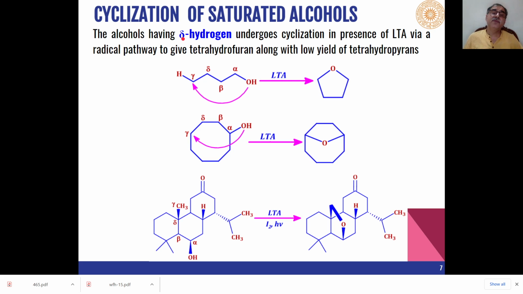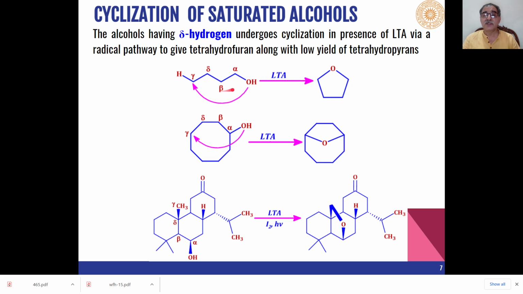Then if we have saturated alcohols which have a gamma hydrogen present in the molecule, those types of saturated alcohols will undergo cyclization in the presence of lead tetraacetate to give us cyclic heterocyclic compounds.